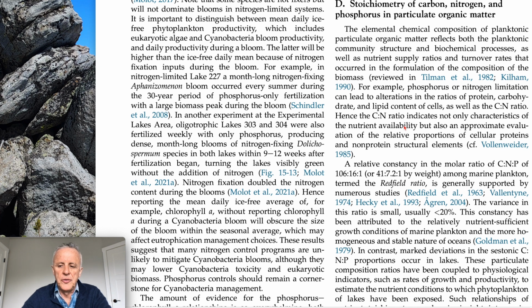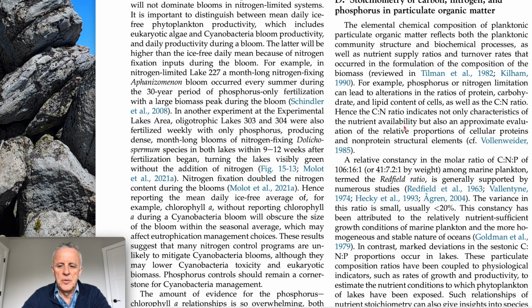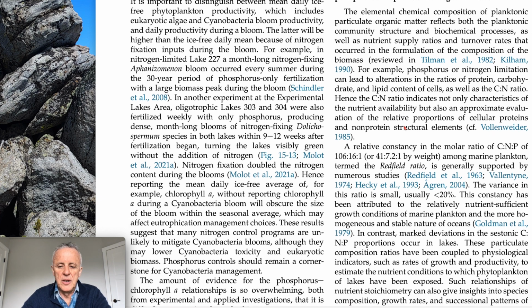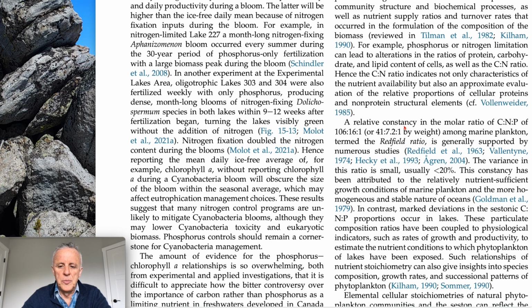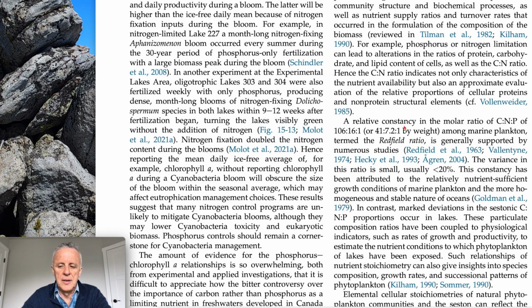For example, phosphorus or nitrogen limitation can lead to alterations in the ratios of protein, carbohydrates, and lipid content of cells, as well as the CN ratio. Hence, the CN ratio indicates not only characteristics of the nutrient availability, but also an approximate evaluation of the relative proportions of cellular proteins and non-protein structural elements.